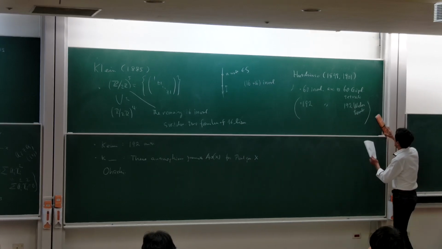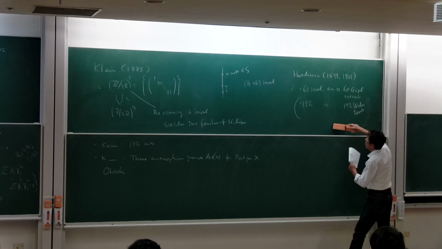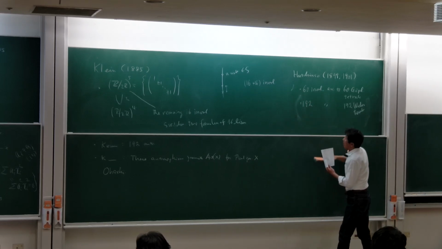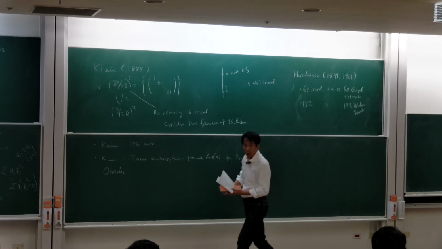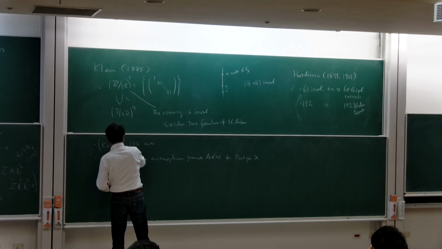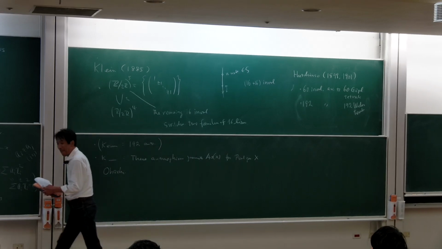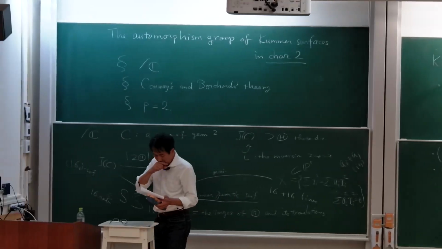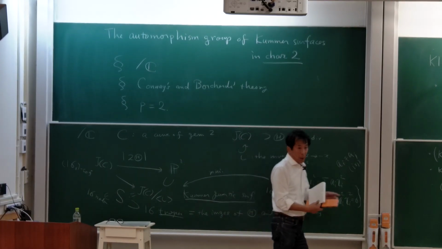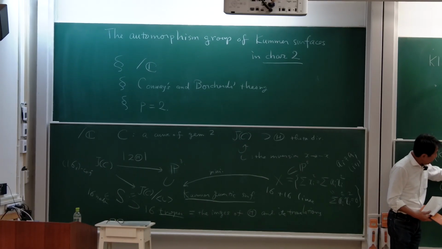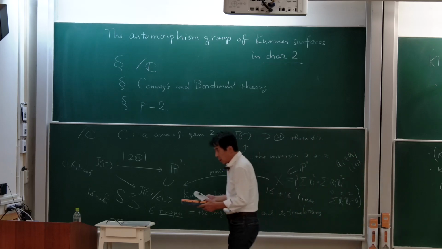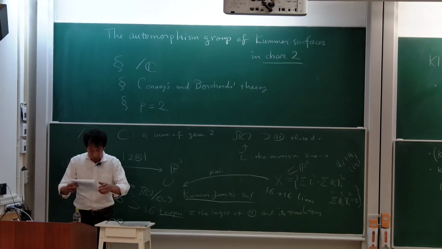And this is natural. So now we don't need Kim's automorphism anyway. Okay. But his automorphism has an infinite order. So in this sense, I think it's interesting. Okay.